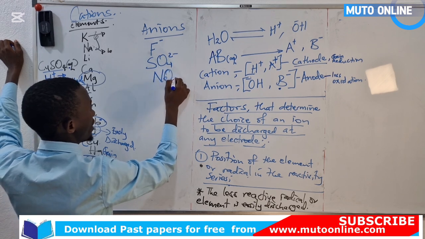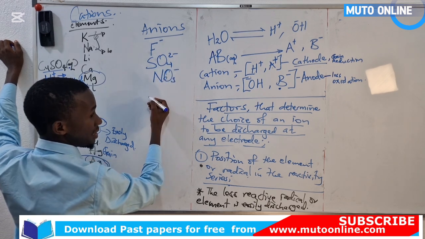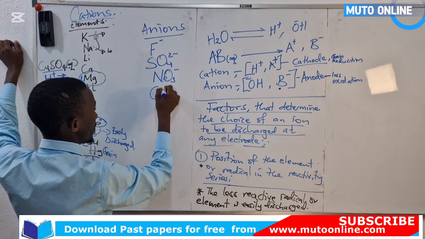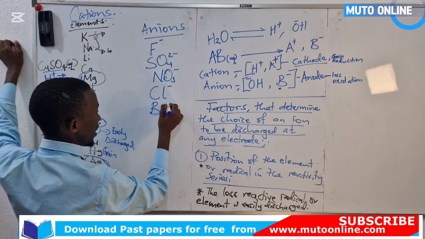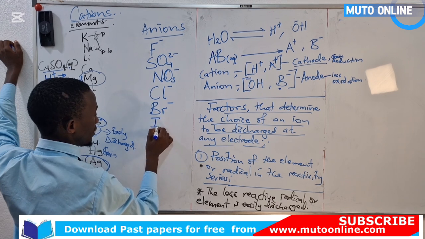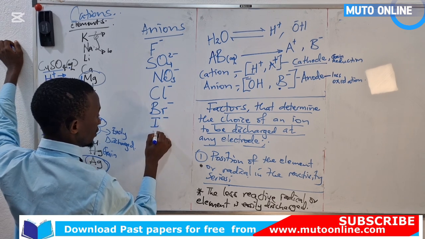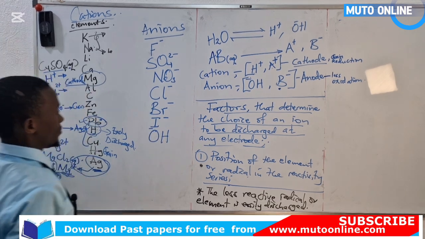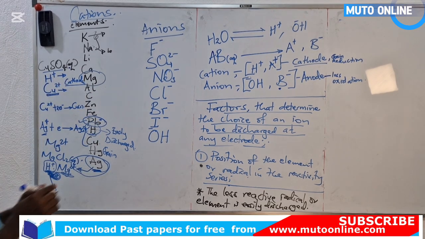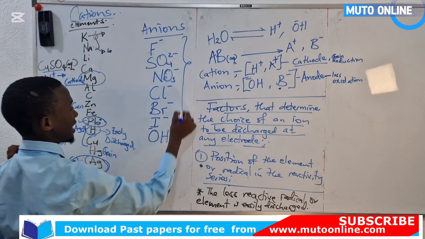Nitrate comes next. Chlorine coming next. Bromine coming in that position. Iodine, and then the hydroxide being the least reactive. So this is the reactivity series for anions.